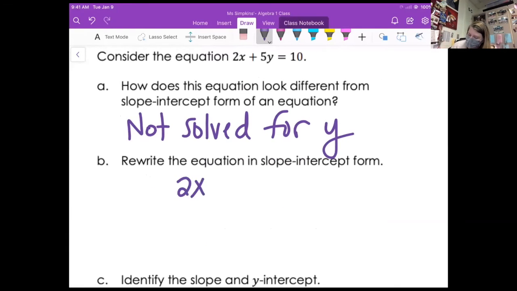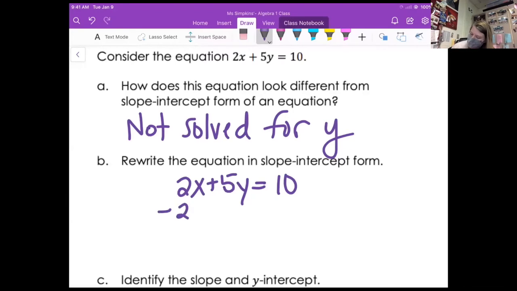So I'm just going to rewrite this equation, and we're going to manipulate it so that y is alone. Right now, y is being multiplied by 5 and added by 2x. So we want to do the opposites. What's the opposite of a positive 2x? Right.